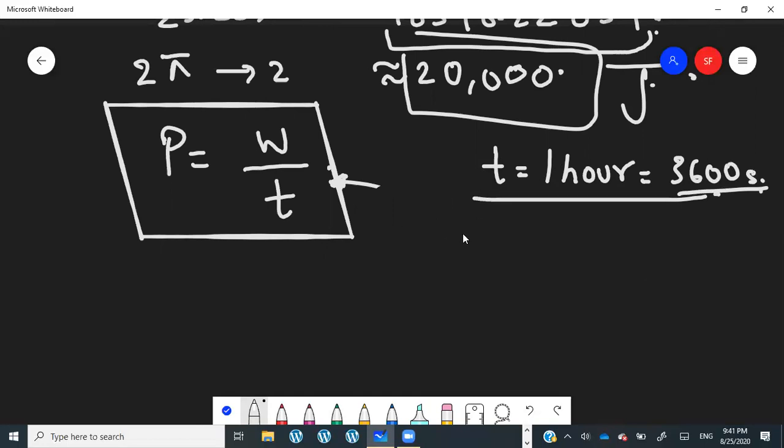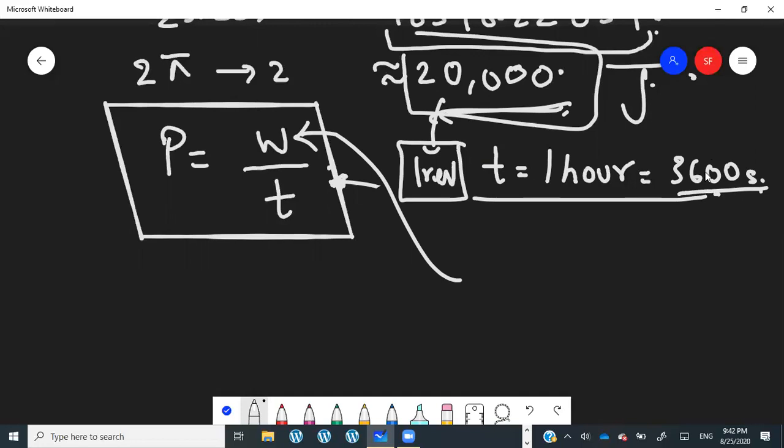Now, if you've gotten time, what's the total work done during this time? Is it 20,000 joules? Is it 20,000? Yes or no? Yeah. 20,000 is just for one revolution. So in an entire time of 3,600 seconds, did the horse only turn the wheel once?